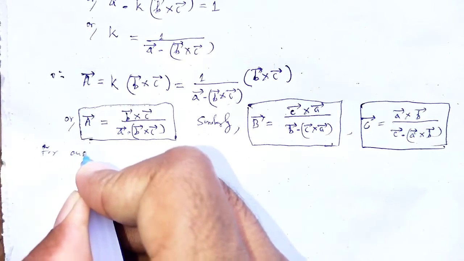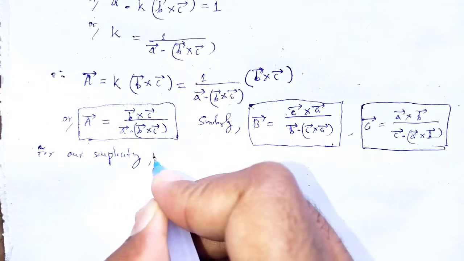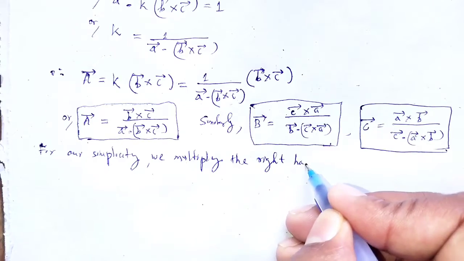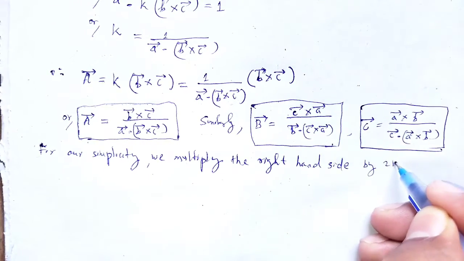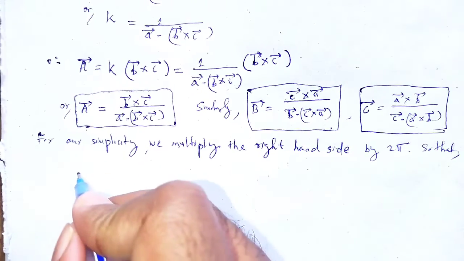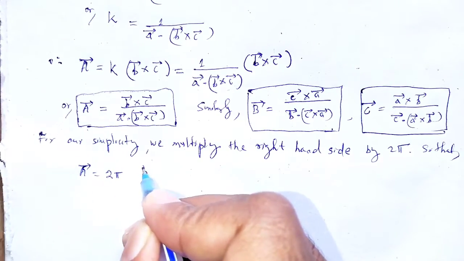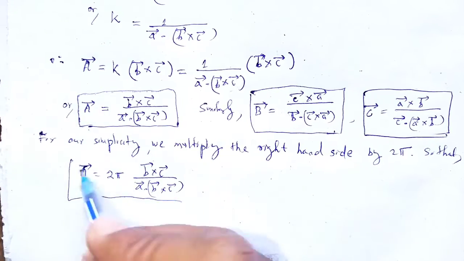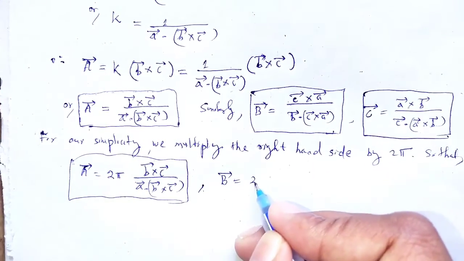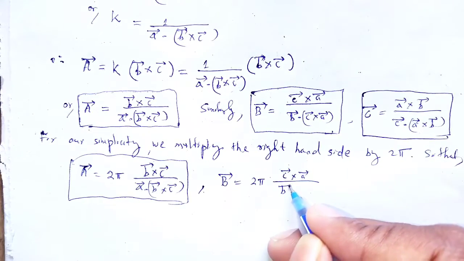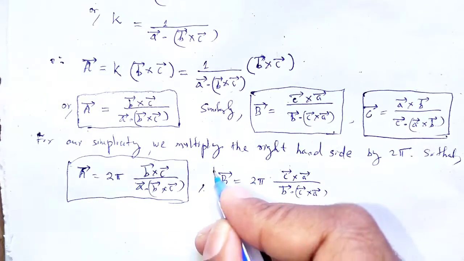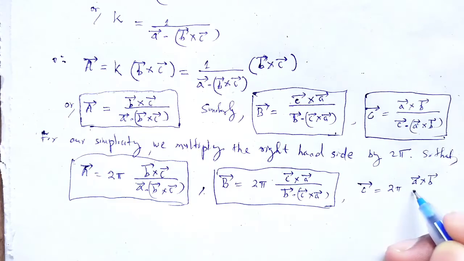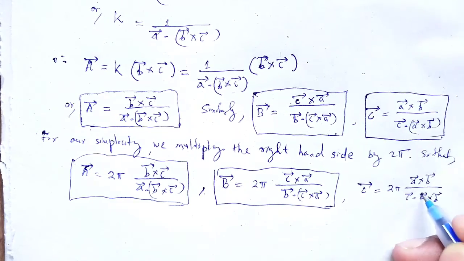For our simplicity, we multiply the right hand side by 2 pi, so that we have A vector equal to 2 pi times B cross C divided by A dot B cross C, and B vector is equal to 2 pi times C cross A divided by B dot C cross A, C vector is equal to 2 pi A cross B divided by C dot A cross B.